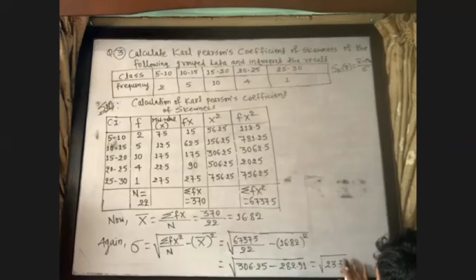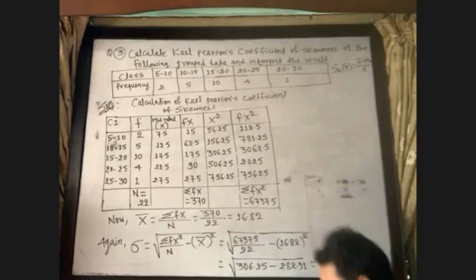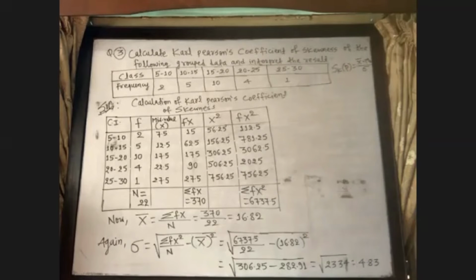Let's go root find out. We'll get here 4.83. Okay, so we got here 4.83. This is the standard deviation we found.